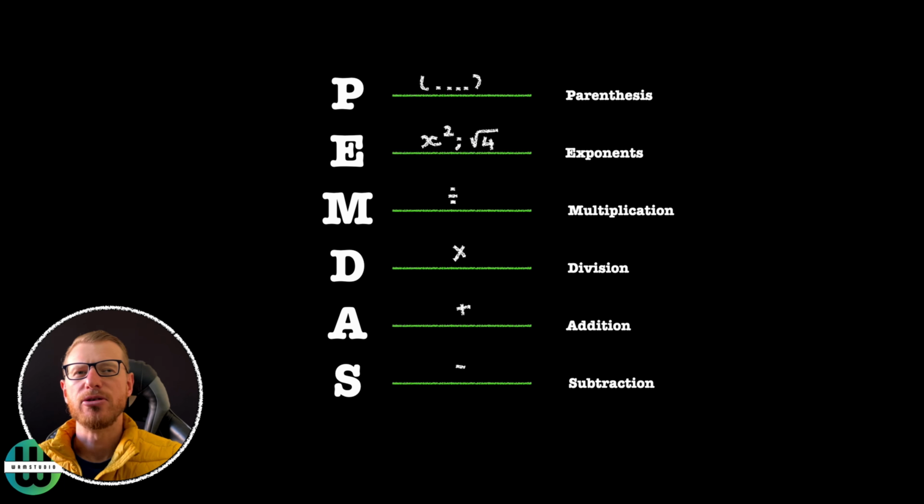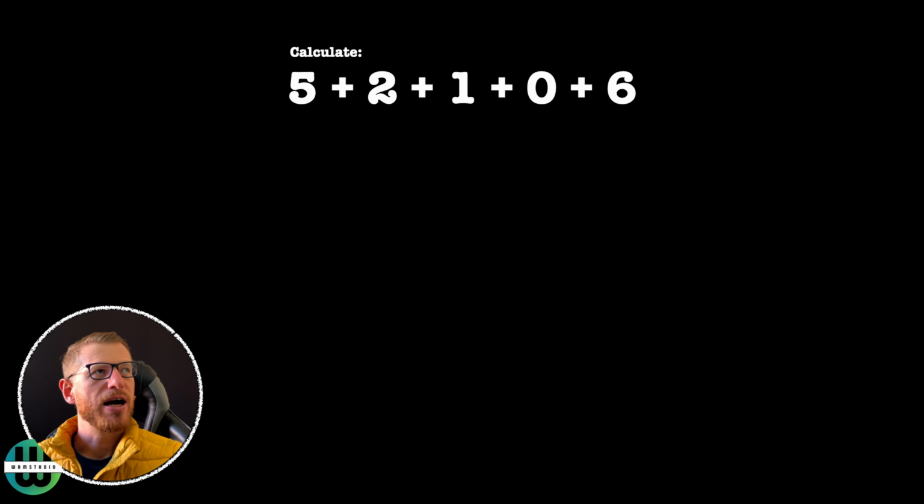Let's hop in and do some calculations, starting from simpler and working our way down to more difficult questions. The first one we're going to do is to calculate 5 plus 2 plus 1 plus 0 plus 6. Now, we can see that the operation that we are going to perform is all addition, meaning that we don't really need to take BODMAS into account, just basically add from left to right, like reading a sentence.